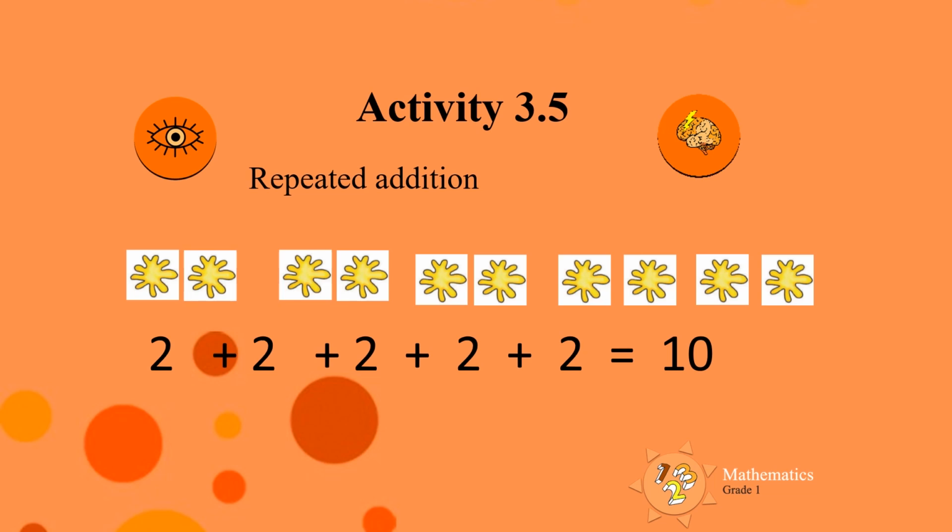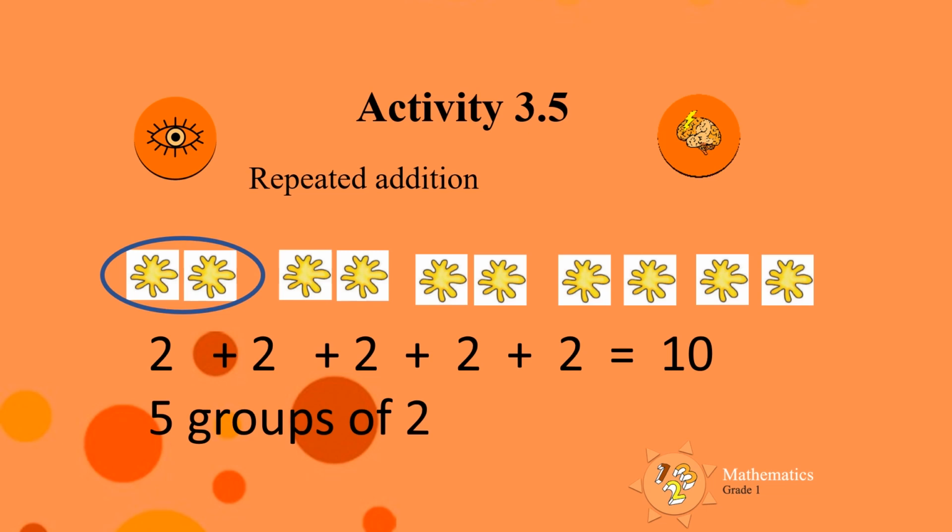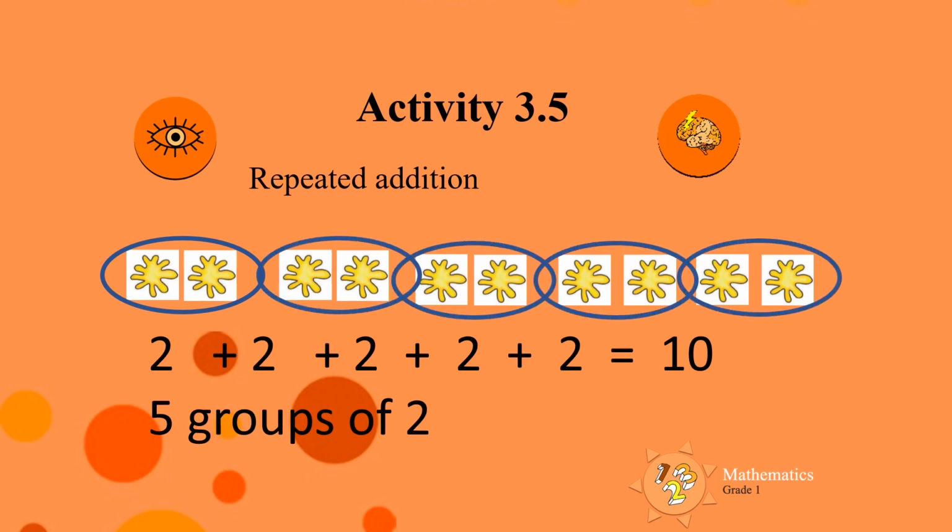What would the group sum be? 5 groups of 2. Let's see. 5 groups means I must have 5 circles. 1, 2, 3, 4, 5. 5 groups of 2 is equal to 10.